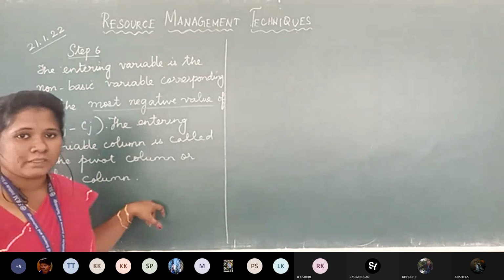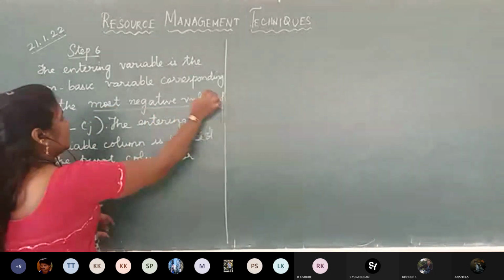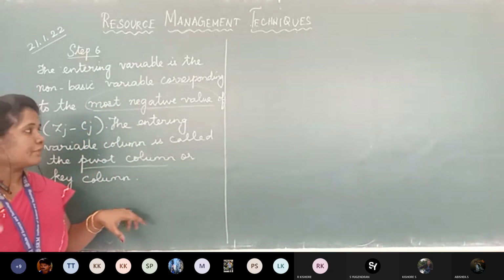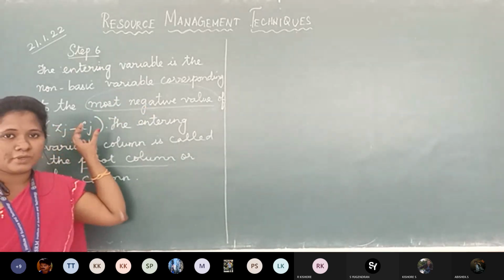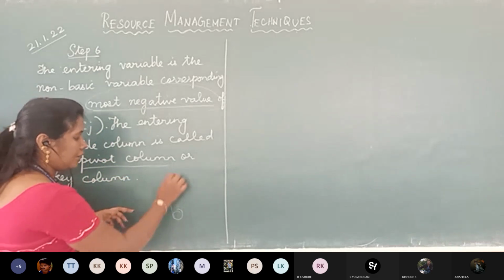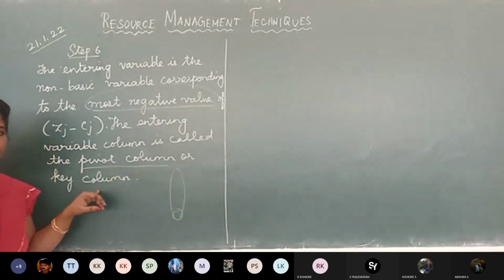When you do the problem, I will explain it. You will see the most negative value in the Zj minus Cj, and wherever that value is taken, that corresponding column is called the pivot column or your key column.